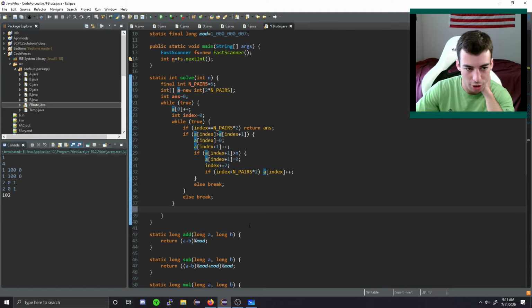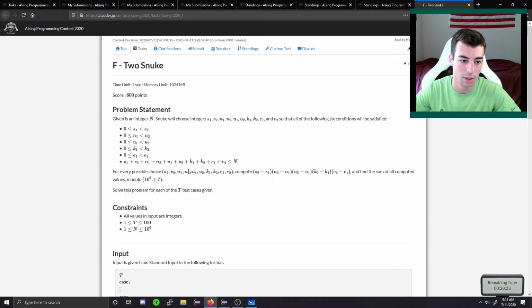So now we just need to check if this is valid. Okay. So we know all of the pairwise things are fine. Now we just need to check the sum. And we need to add up the product.